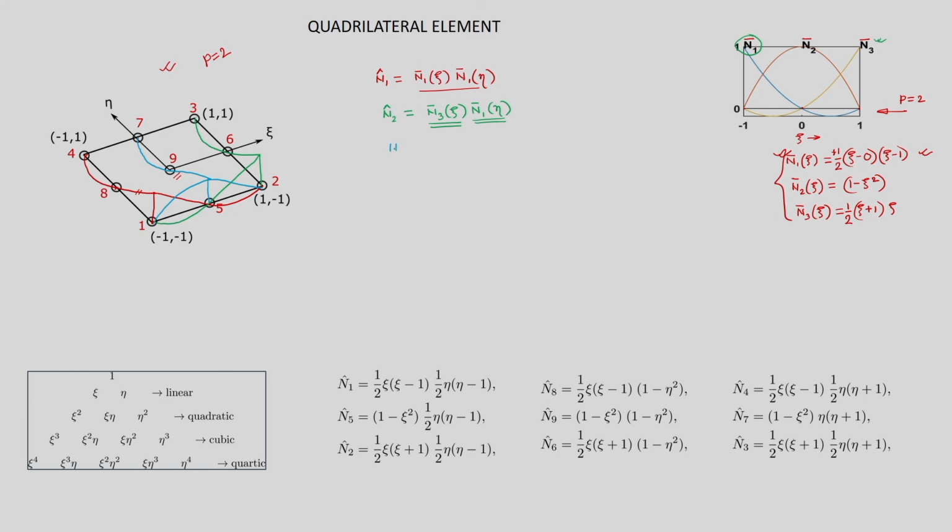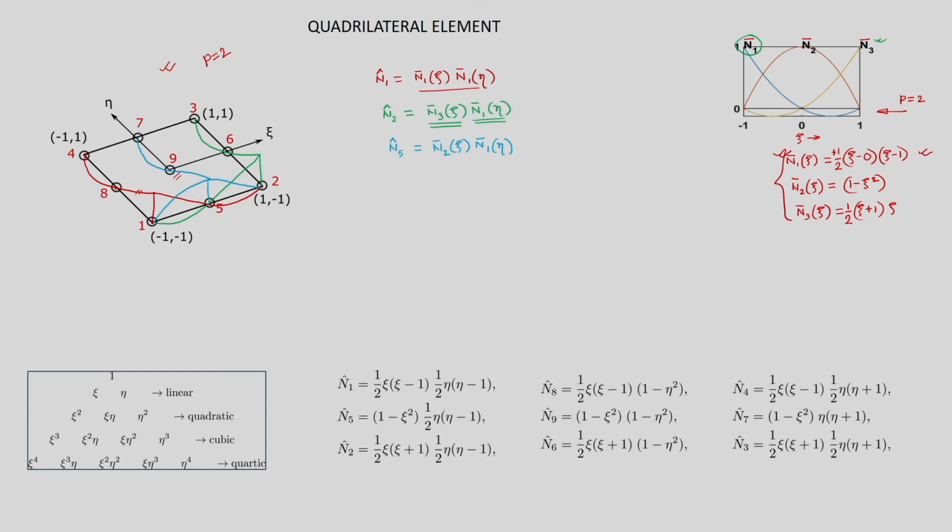So we write N5 hat is equal to N2 bar in xi direction and N1 bar in eta direction, right. So this way we can construct all the shape functions for p equal to 2.